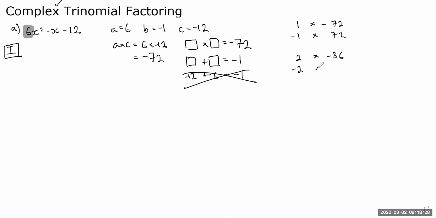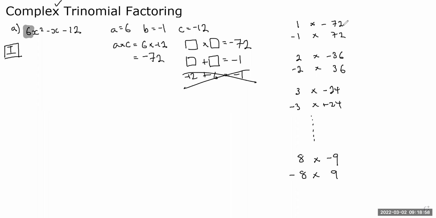It could be a negative 2 with a positive 36. It could be a 3 with a negative 24, or a negative 3 with a positive 24. You keep on going. And as Carter was saying, it could be an 8 with a negative 9 or a negative 8 with a positive 9.